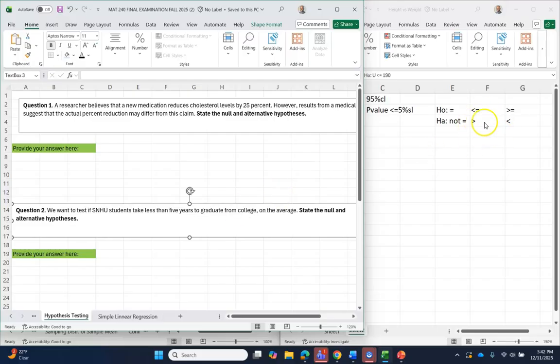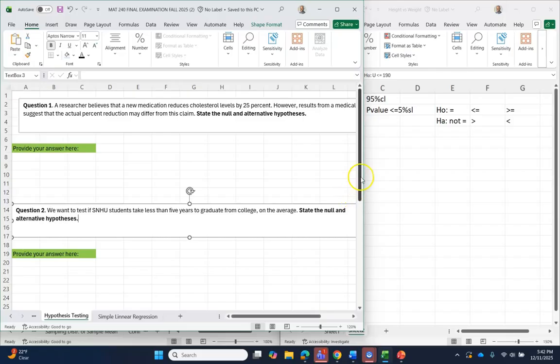So what sign are you going to use for the alternative hypothesis? Definitely it will be this one, less than 5 years. So the null hypothesis should definitely take this sign, greater or equal to 25, and the alternative hypothesis should be less than 25.